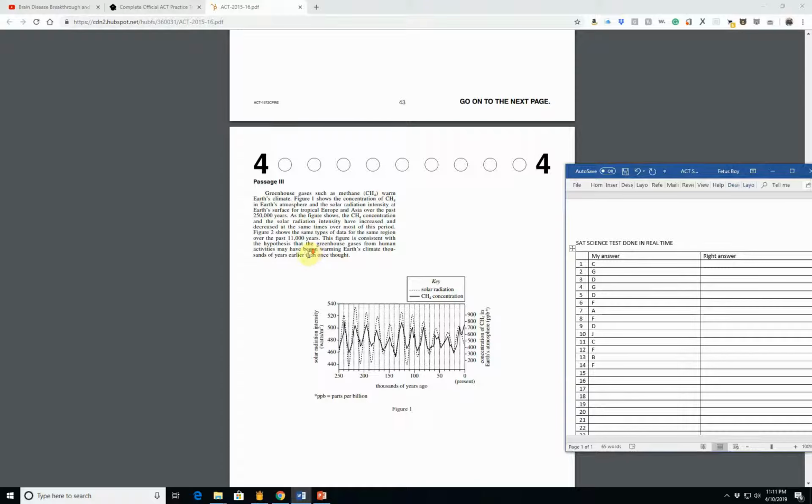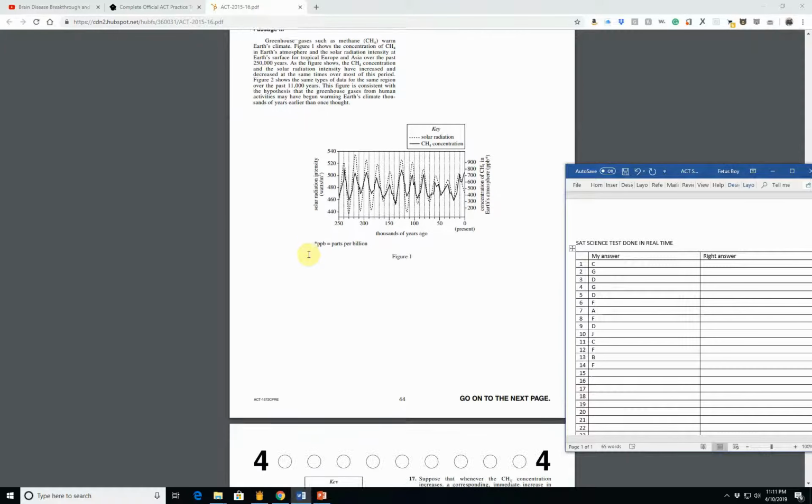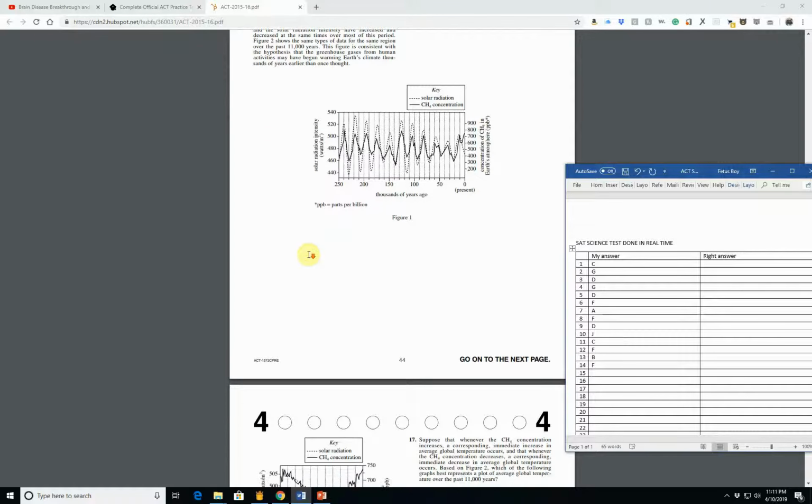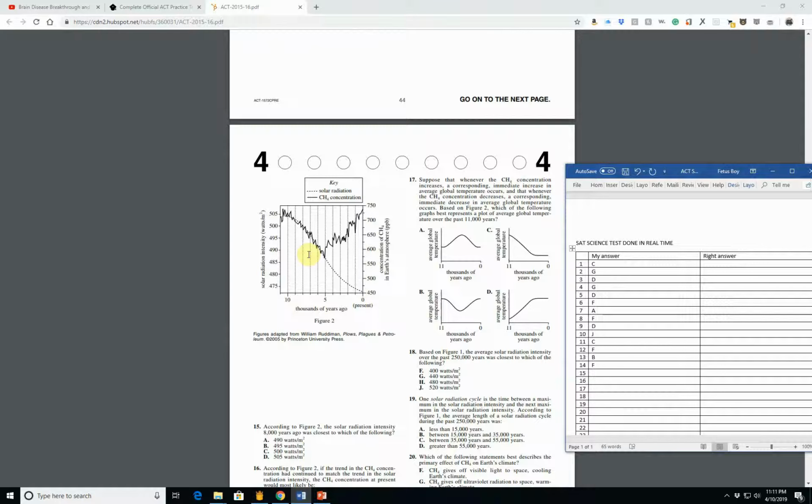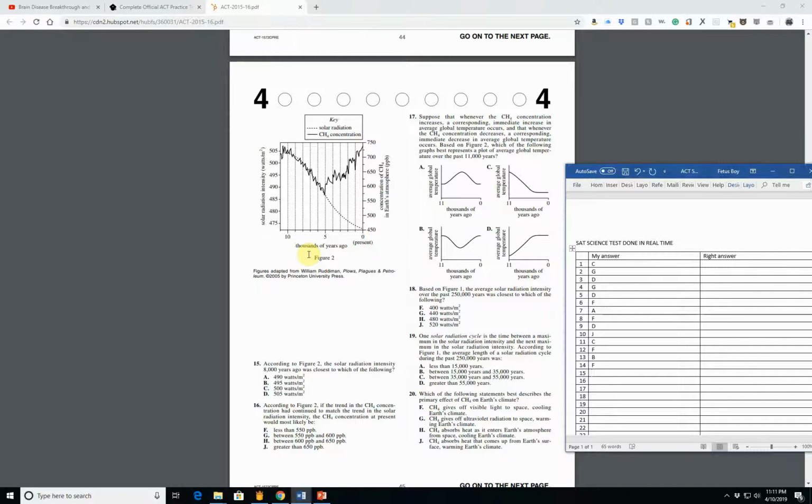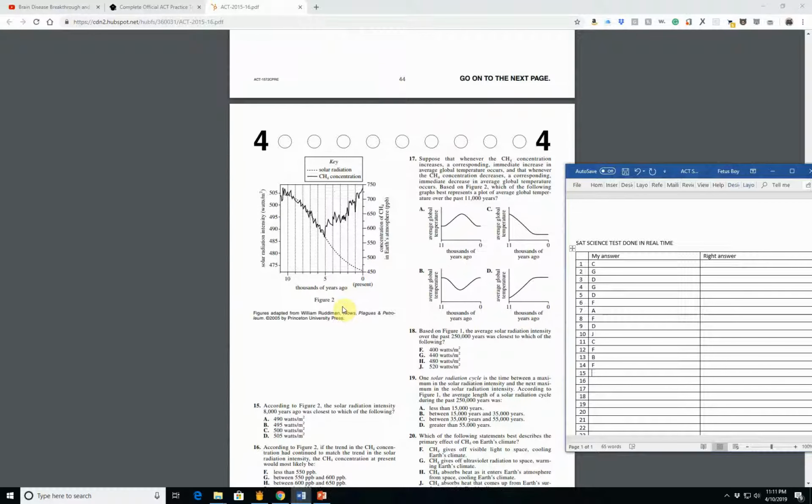So greenhouse gases such as methane warm the Earth's climate. Okay. So yeah, this is like cow flatulence and things like that. Okay, so decomposition. According to Figure 2, the solar radiation intensity 8,000 years ago was closest to the... Okay, 8,000 years ago, so 6, 7, 8.